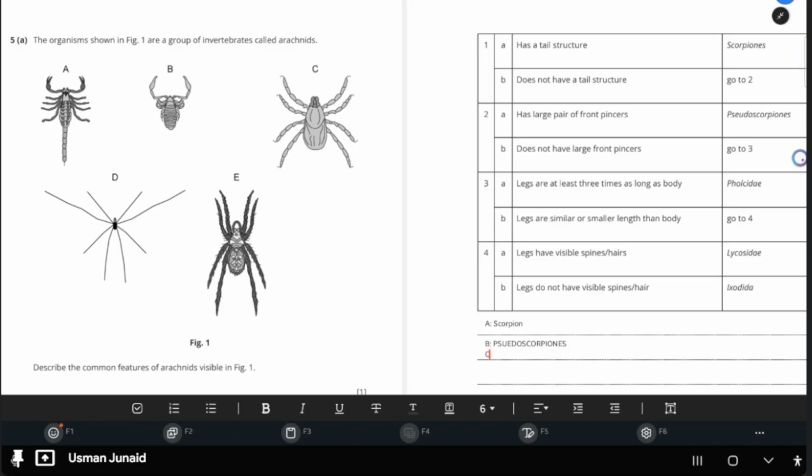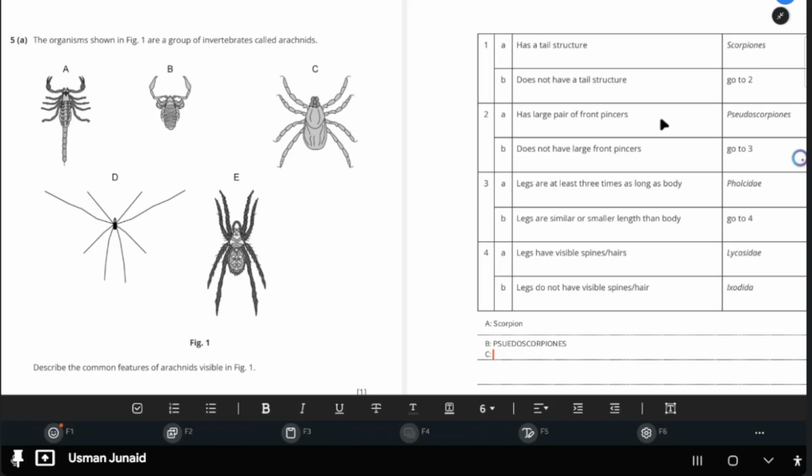Now tell me what C is. The legs are 3 times as long as the body. C, no, it does not seem like that. But it does seem like that for D. So let's move on. Has spines and hairs, right? No, it does not. We can't see that. So it does not have a tail.